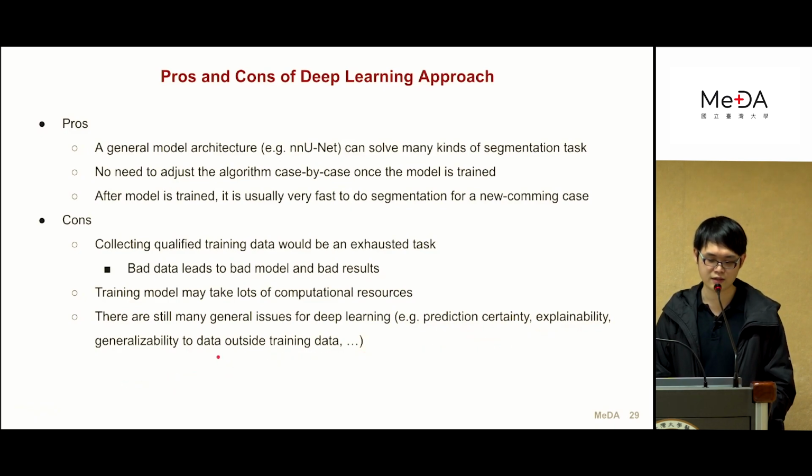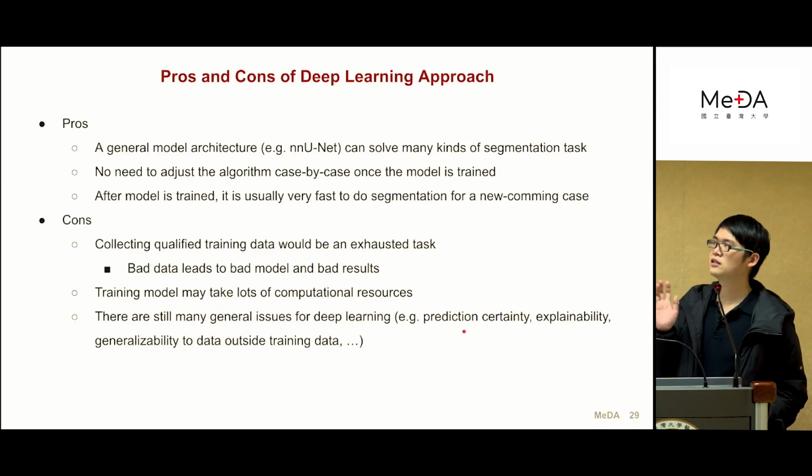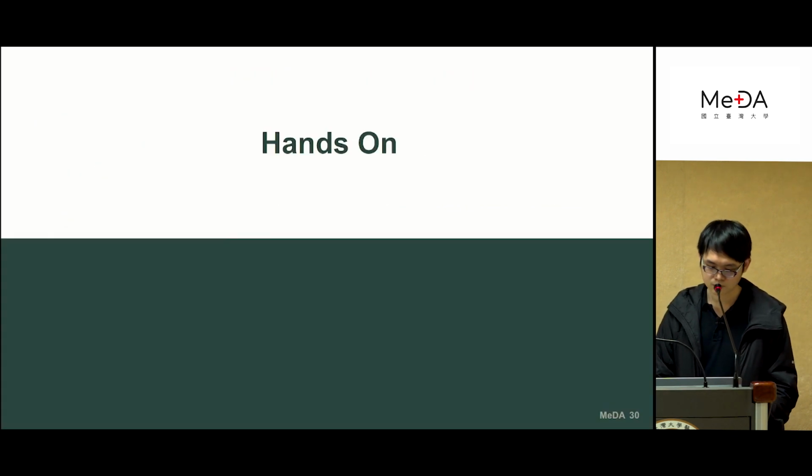And it's also a problem whether this model can perform well outside of your training data. But anyway, deep learning is a very powerful technique for image segmentation. So we will use it in our AI nowadays.